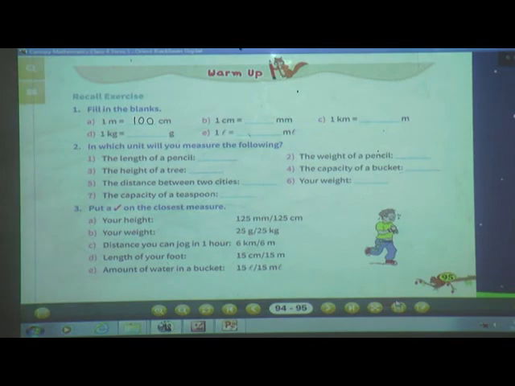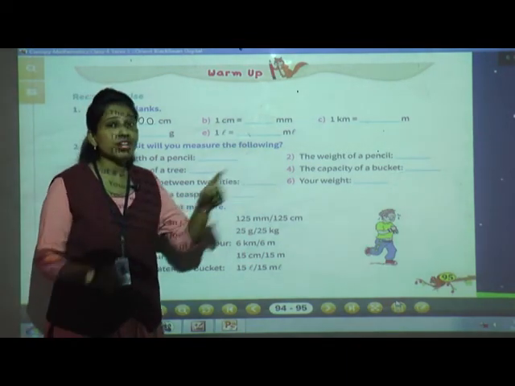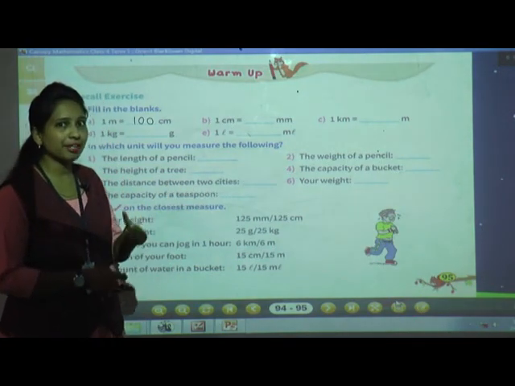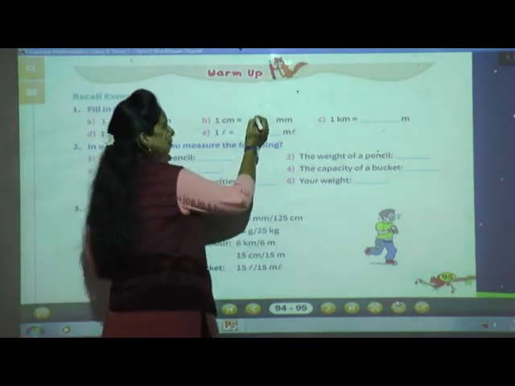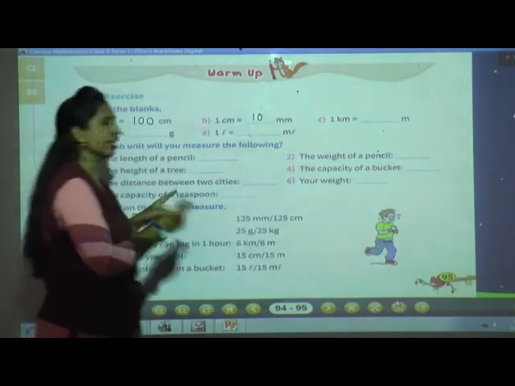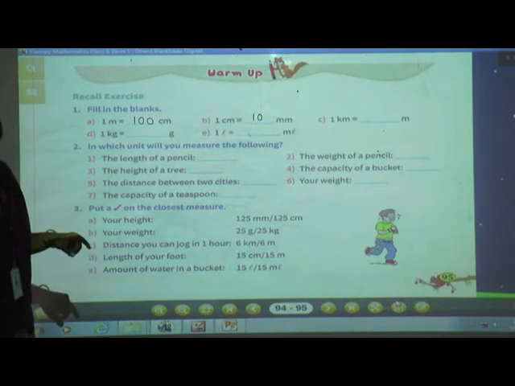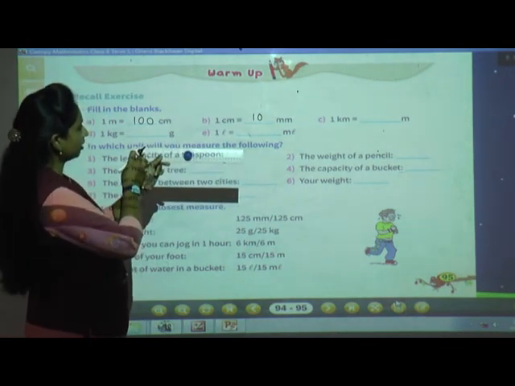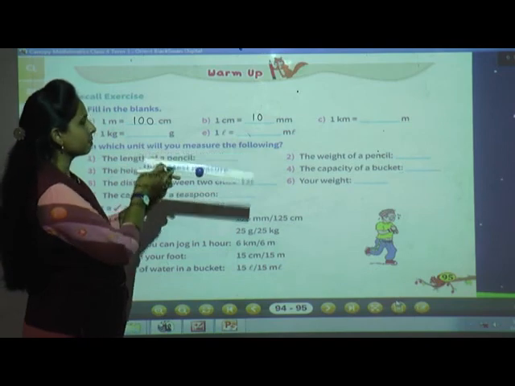Yes. Now tell me, 1 centimeter is equal to how many mm? We have studied in the scale, do you remember? While drawing the line segment and all? Yes, 5 mm we have seen in the middle. So how many mm are there in 1 centimeter? See, this is 1 centimeter. Between this, how many mm are there?